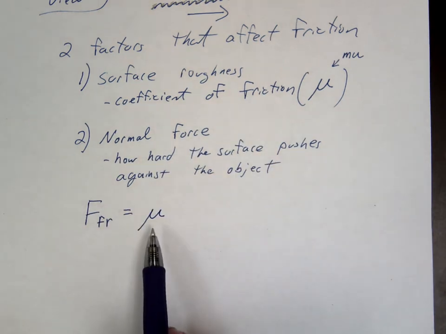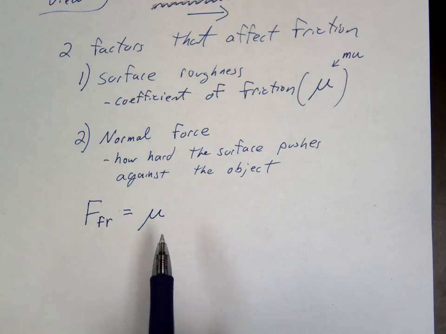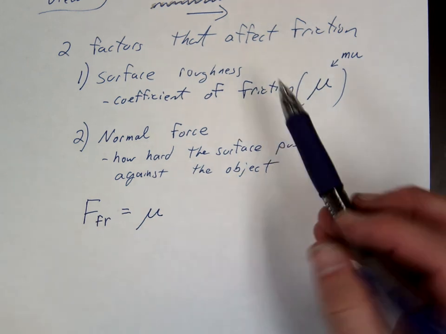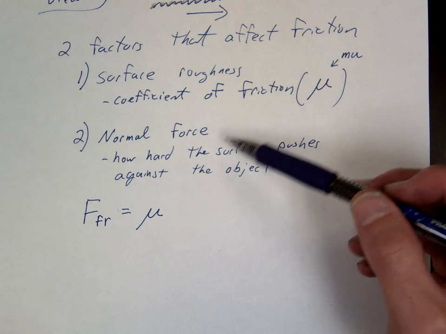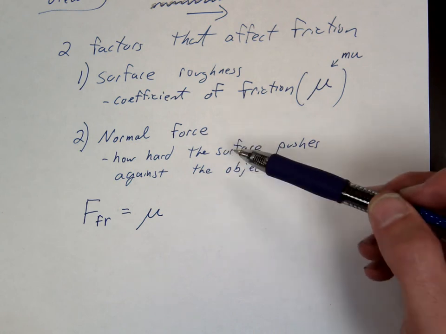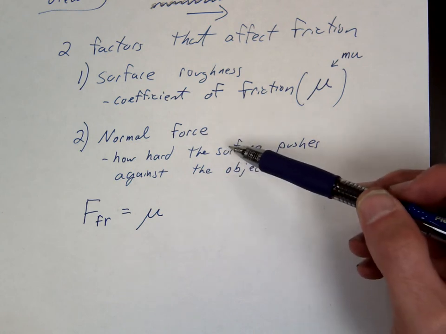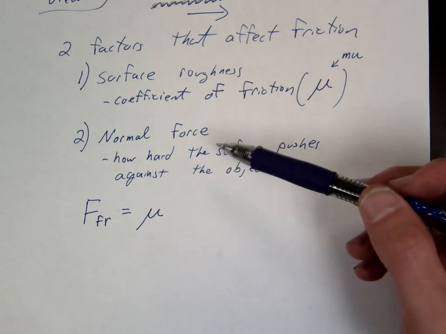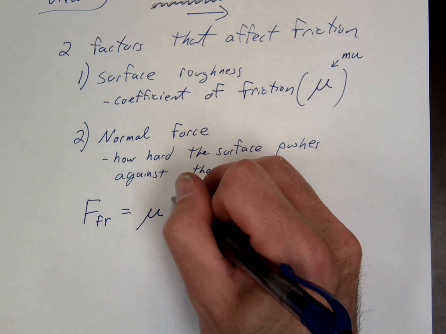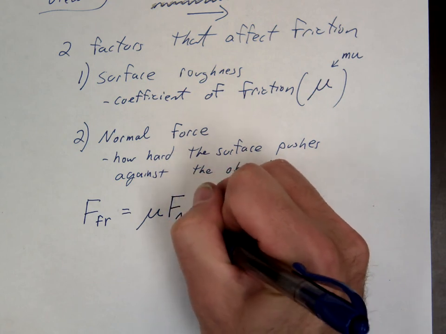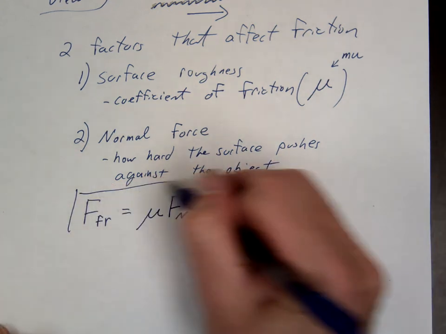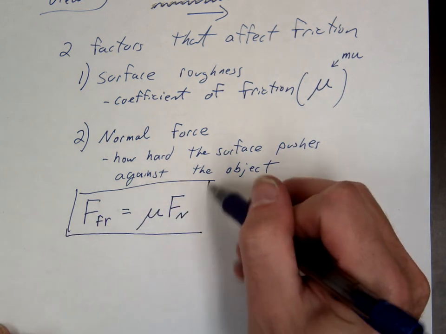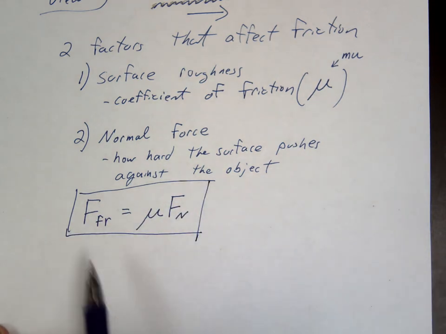If mu doubled, friction would double. Nice direct relationship. What about the normal force? As the surfaces push harder against each other, what should happen to friction? It should also increase. As they push harder and harder, it's going to go up higher and higher. So that's a nice direct relationship as well. If the normal force were to double, then the frictional force would also double.